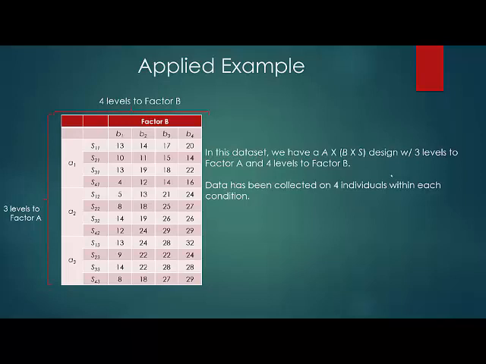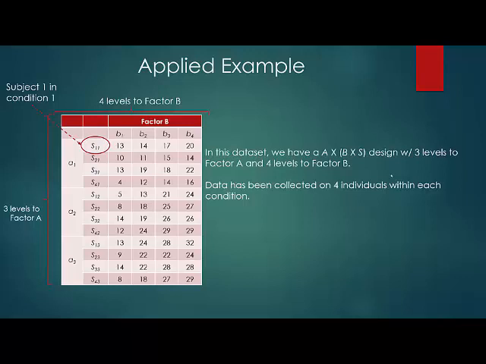In this example, let's just say we have 4 individuals within each of the between group conditions. So we had 4 administrators, 4 teachers, and 4 coaches that we collected data from. For example, here, S sub 1-1 would be subject 1 in condition 1, for the administrators.